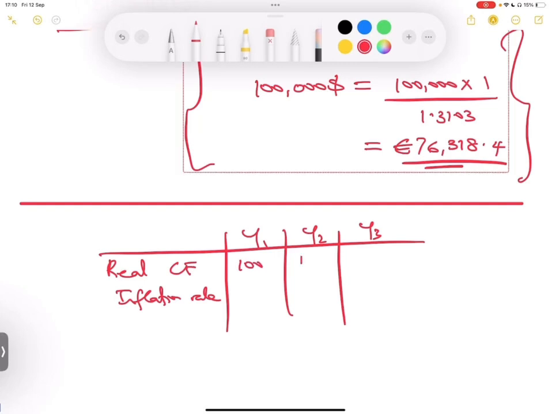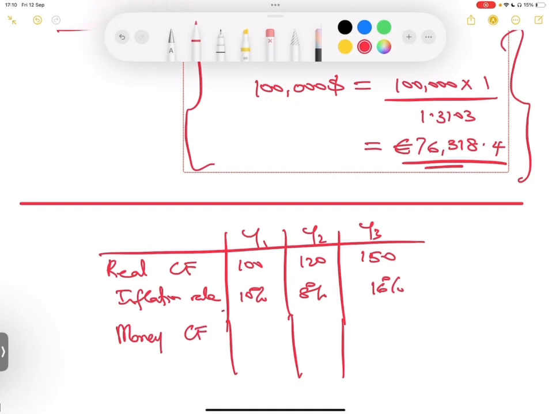Cash flow 100, 120, 150. Inflation rate year one 10%, 8%, 16%. Can you give me the money cash flow for year one, year two, and year three?